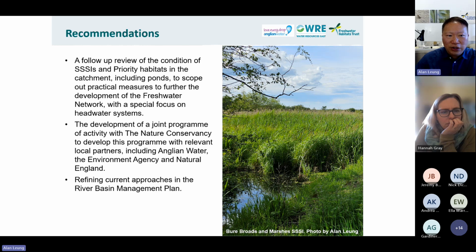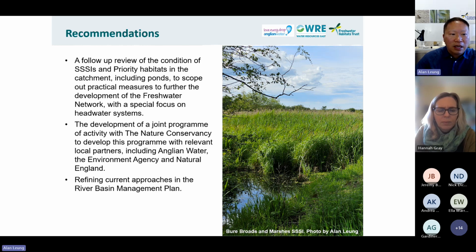As you may recall, many areas in the lowland, in the Broadland area, already have some good legal protection status. But it would be important for us to see whether we can spend more resources in the headwater system, for instance.